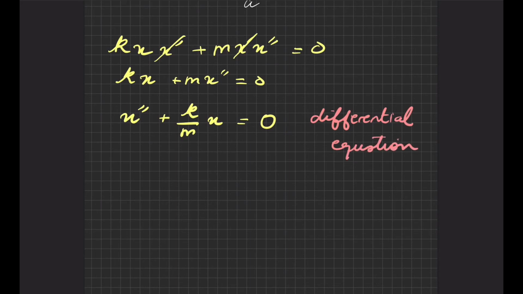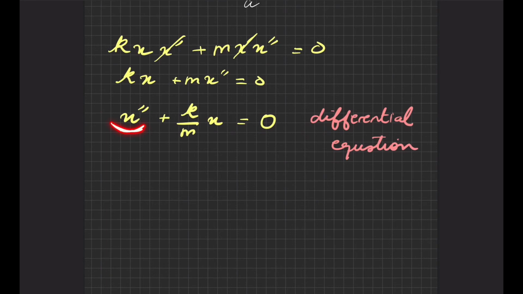I'm not sure if this passed with you in your math classes, but I'm telling you about x as a function because actually x is x of t. It's a function of time. Okay, so x is a function. We have x and the derivative of x, not the derivative once, the derivative twice. It is a differential equation.